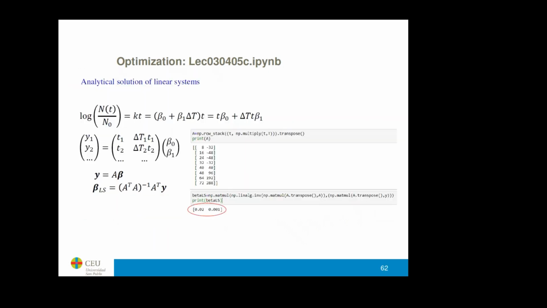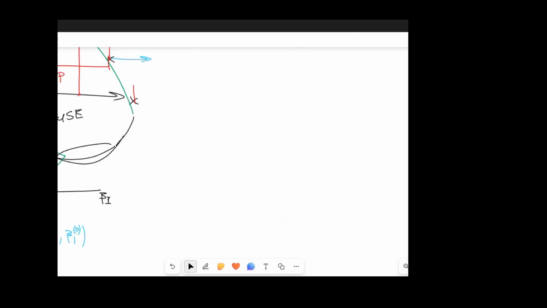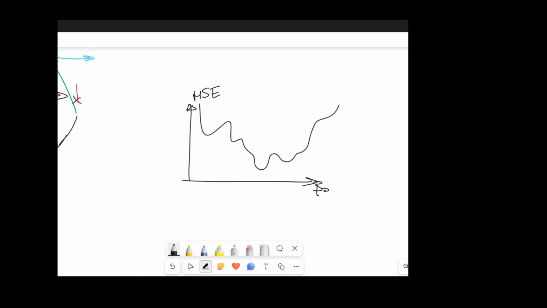I'm not showing that here, but we can do it. Let's say I will do it in one dimension because it is simpler. Let's say that we have a single parameter, because here we have the MSE. Let's say that the MSE looks like this. Depending on your beta zero, you have different values.